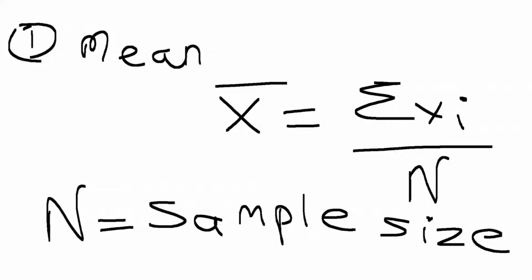In the X chart, the first step is to calculate the mean. The mean is represented this way, and its formula is the summation of xi divided by the sample size n. This is the first step of drawing the X chart.